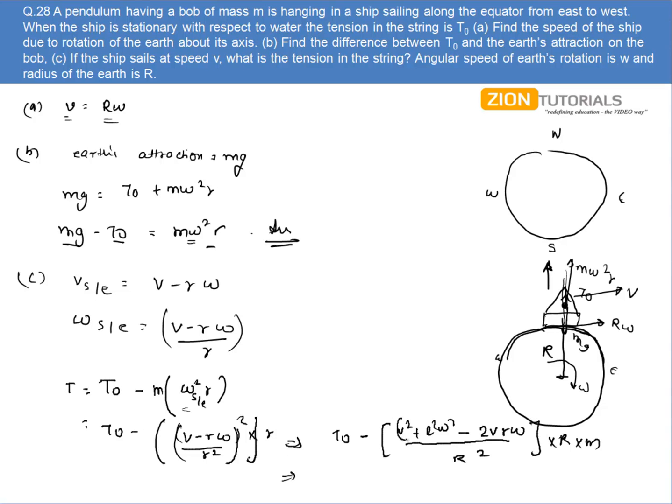We'll ignore v square and r square omega square, because omega is of the order of 10 to the power minus 5, and its square will go to 10 to the power minus 10, so we can ignore it. The velocity is also in the same ratio to omega, so it can also be neglected. So the tension will come out to be, with this r and this r cancelling, T naught plus 2 v omega m, which is the approximate answer.